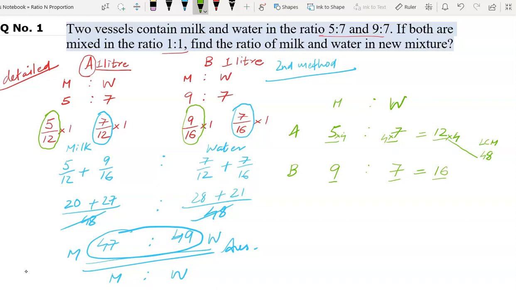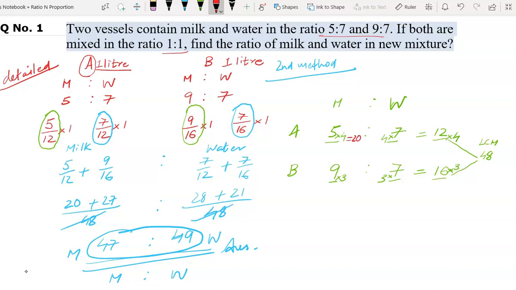In the same way, we will divide the LCM 48 by 16. 16 into 3. So we will multiply this by 3 and this also by 3. Now 5 into 4 is how much? 5 into 4 is 20.